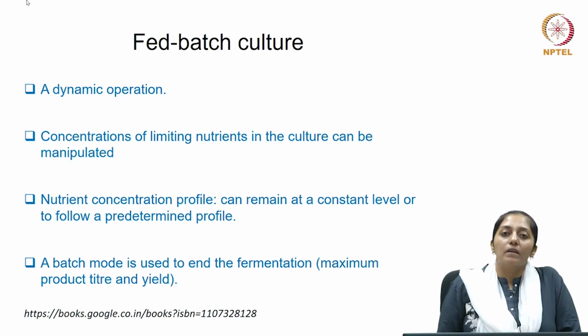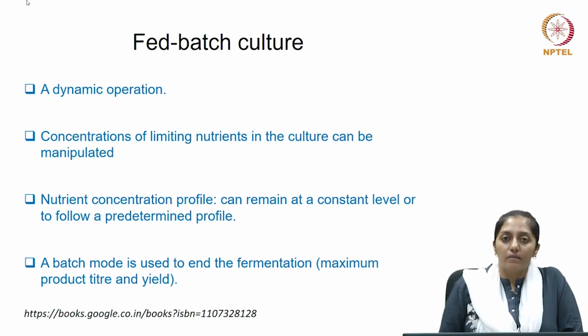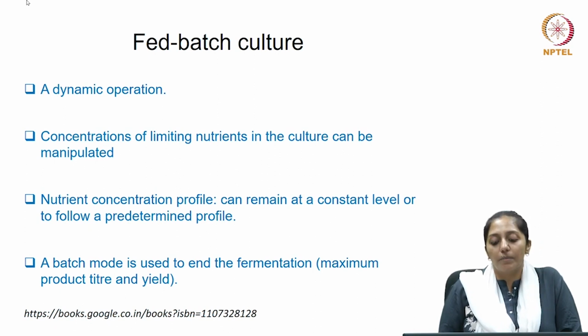Because the inlet feed is continuously coming inside the reactor, the volume is changing, and the concentrations of the variables will therefore be changing. So it's a dynamic system. Concentrations of the limiting nutrient in the culture can therefore be manipulated.